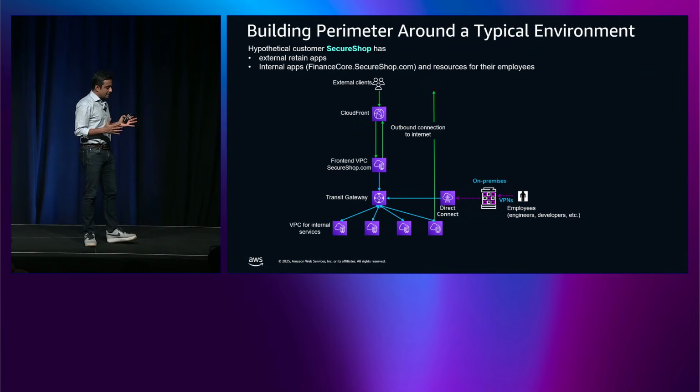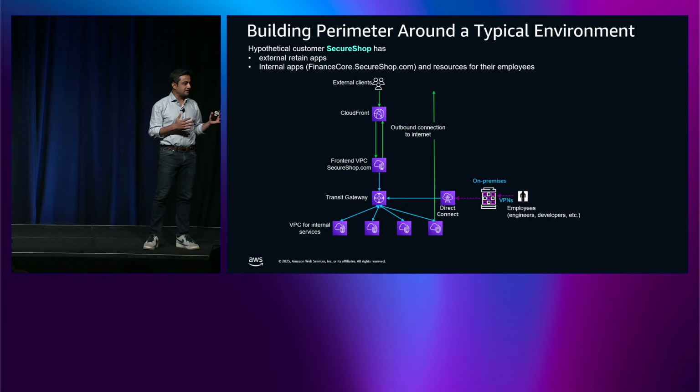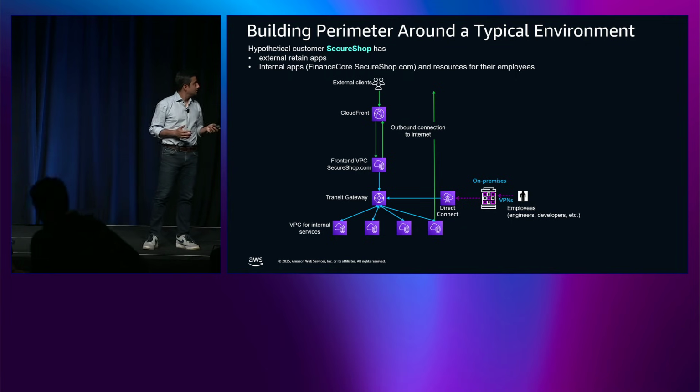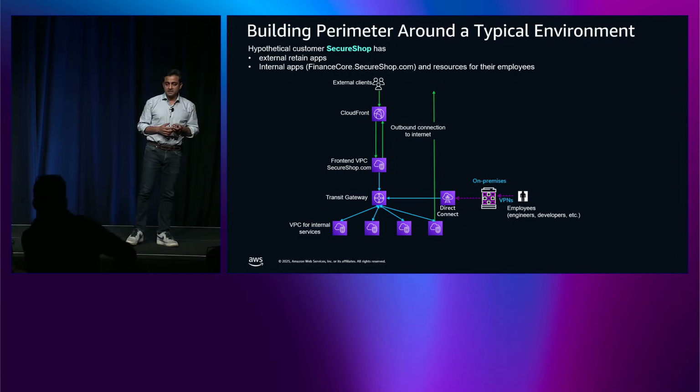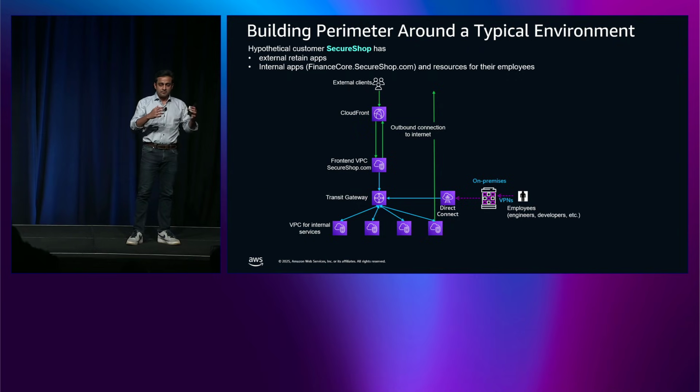So what we'll do today in this session, we'll talk about a fictitious customer, Secure Shop, and they have two kinds of applications. One is the retail website, secureshop.com, and then they have a private application, financecode.com. These applications are hosted in AWS. So they are hosted in VPCs. Their applications are spread across multiple VPCs, so they are connected via TGW.